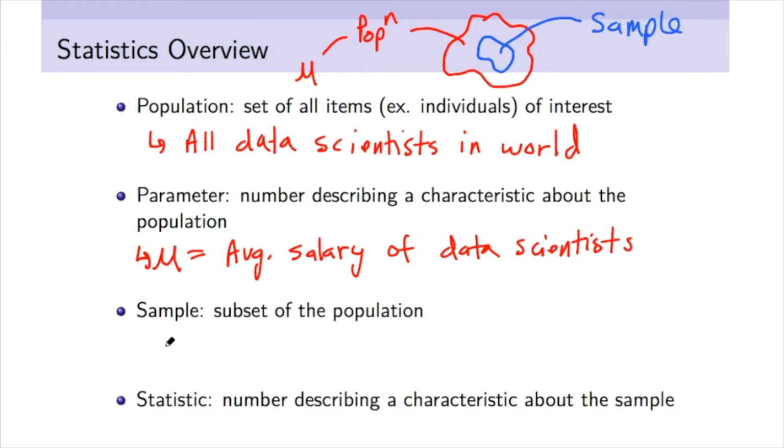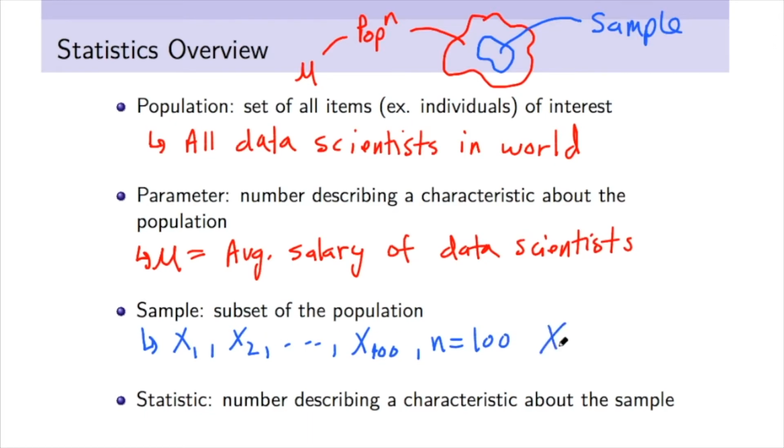So a sample is a subset of the population. For example, a sample could be the sample of 100 salaries of data scientists: x1, x2, all the way up to x100, if our sample size is n equals 100. x1 is the salary of the first data scientist we survey, x2 is the salary of the second data scientist we survey, and so on.